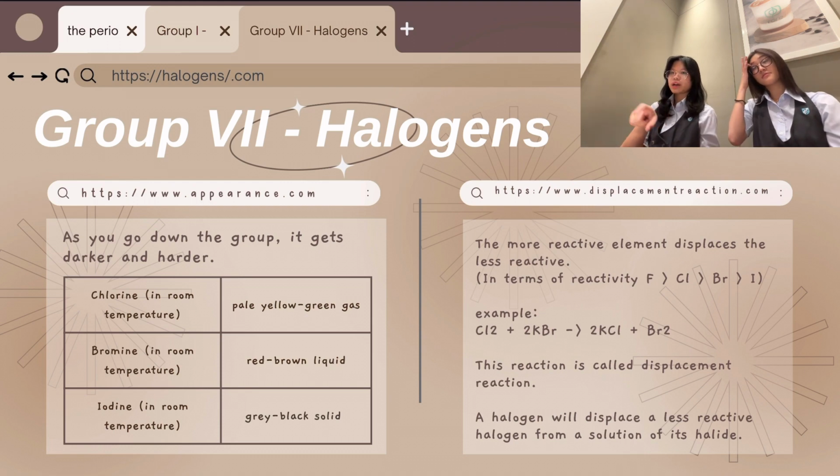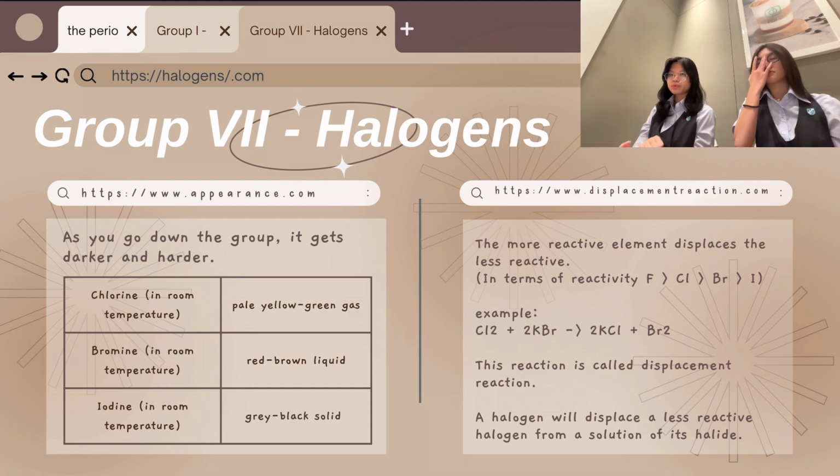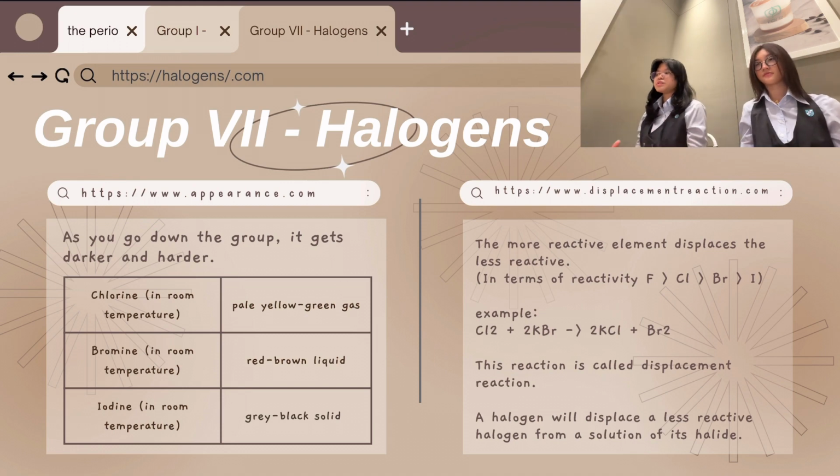The more reactive one is at the front, and going to the right, it's less reactive. For example, Cl2 plus 2 KBr, the products would be 2 KCl plus Br2. The reason why is that potassium will get the chlorine, which is more reactive than the bromine, so it produces 2 KCl plus Br2.